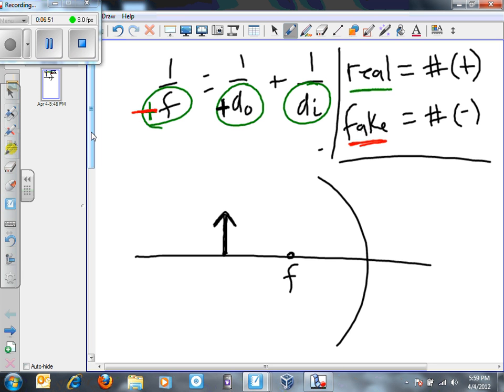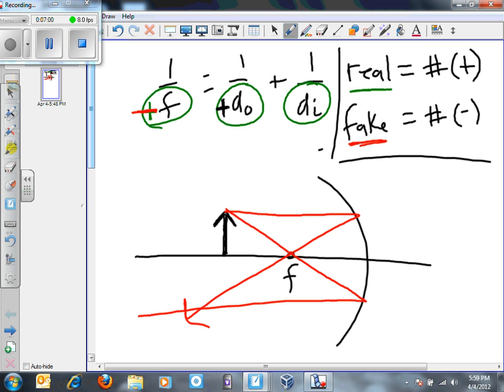Now if we go through and trace this ray, as shown on the last video, we will see that this here is the point that we will get our image. So this is the object, this is the image. And these distances of the object and the image are always measured from this point to this point.